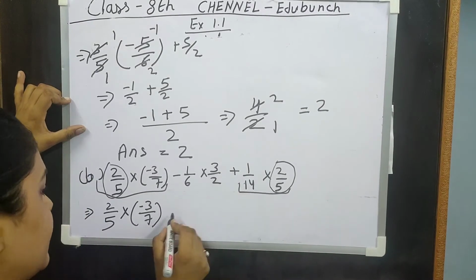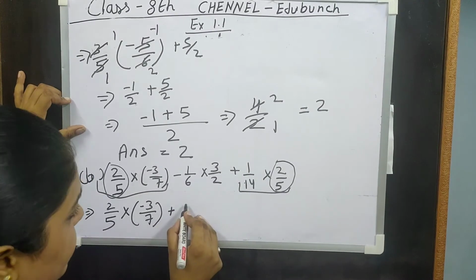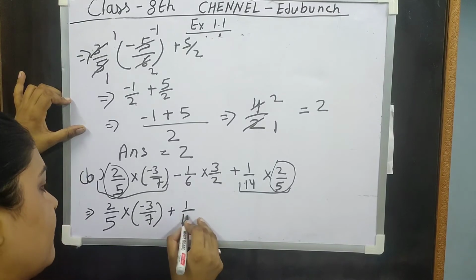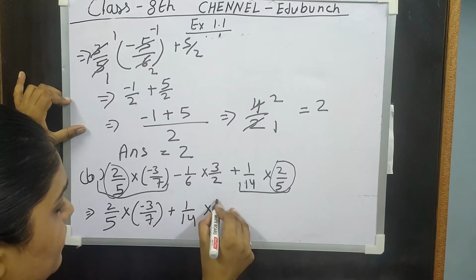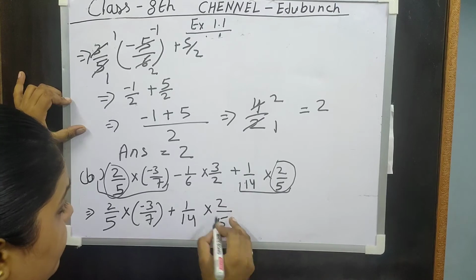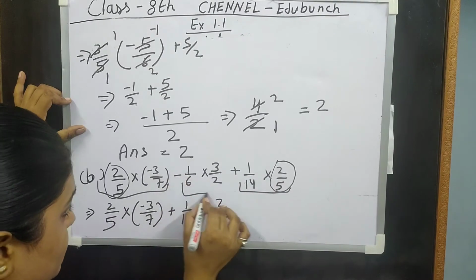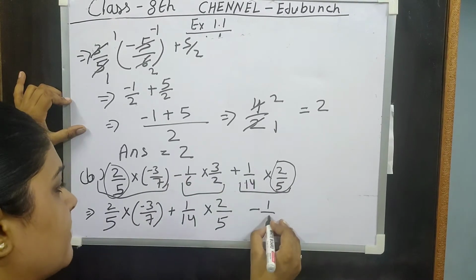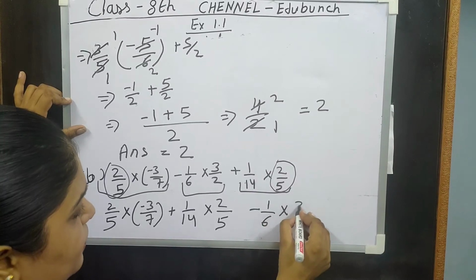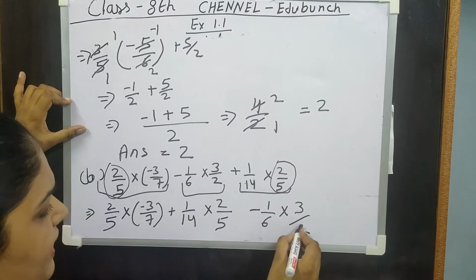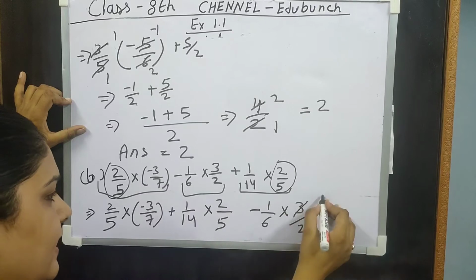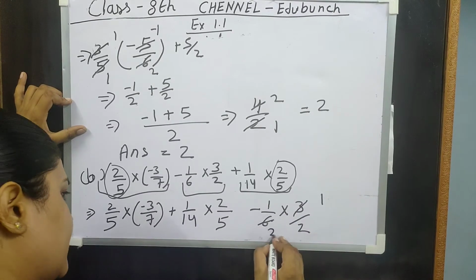Now here is a sign of plus, so we are writing here the plus, 1 upon 14 into 2 upon 5. Then we write this value, minus 1 upon 6 into 3 upon 2. Now look here, 3 ones are 3, 3 twos are 6.